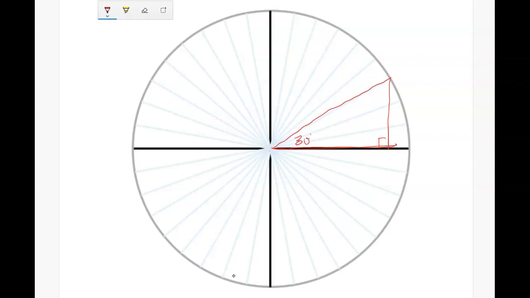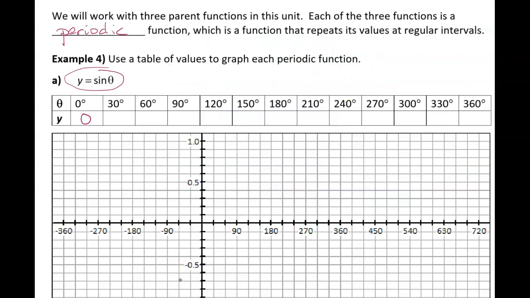And we have a 30-degree angle, and that means that opposite is 1, adjacent is square root of 3, and the hypotenuse is 2. So that means sine of 30 degrees is 1/2. And I'm just going to write that in decimal form as 0.5.